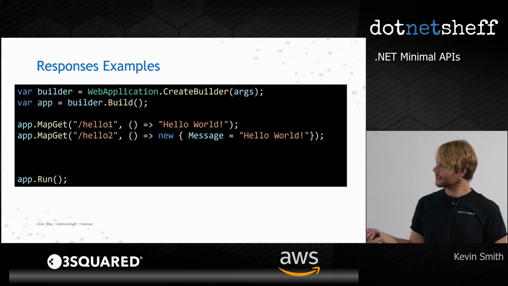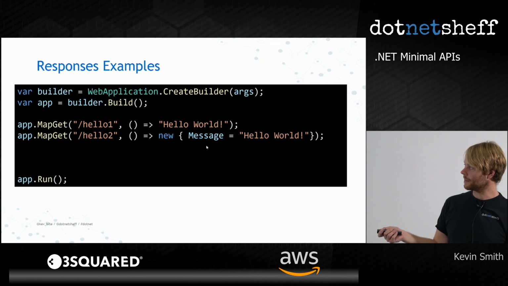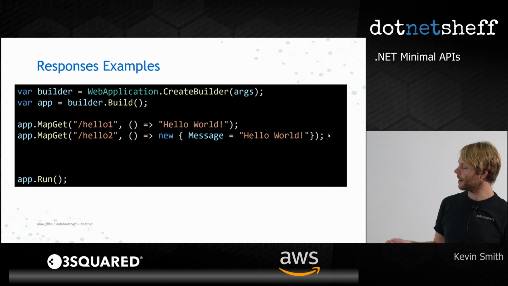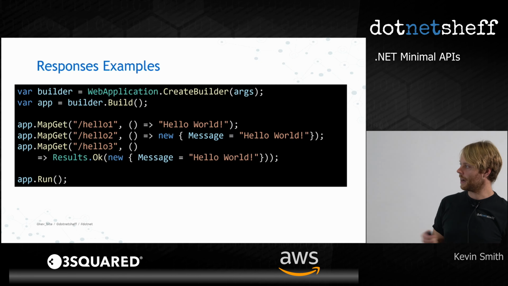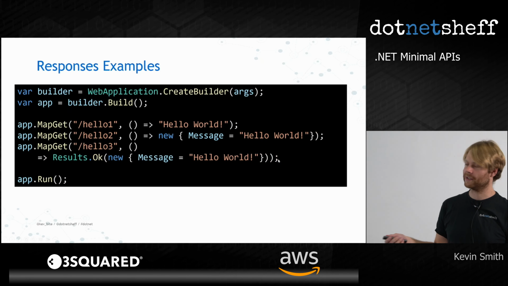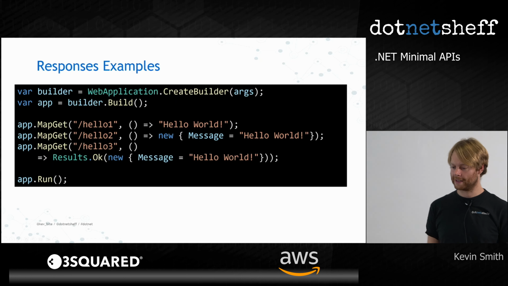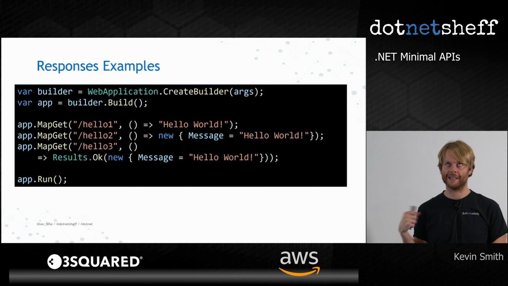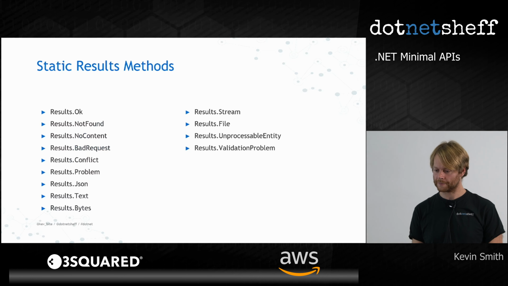So that means all these work. You can pass a string back, you can pass an object back, so that is just using an anonymous object, or you can pass a Results and do .Ok to it, and that'll give you an IResult back from it as well. That's very similar to an IActionResult in the controller world.